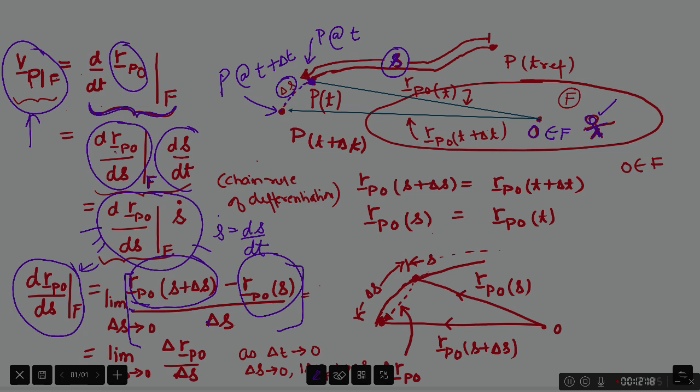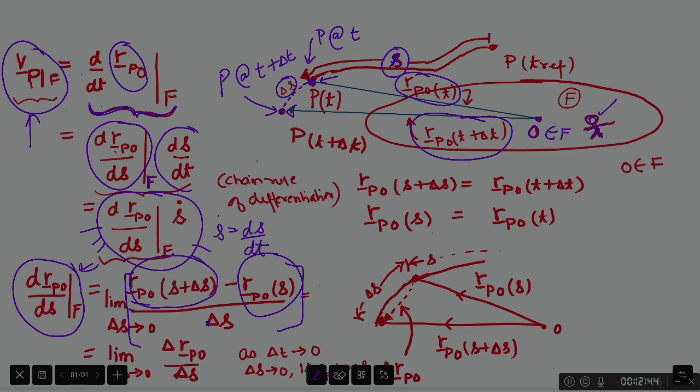So the RPO vector is the vector pointing to this location measured from the origin of the reference frame F. Similarly, this vector, pointing to this location measured from O, is our RPO at t plus delta t.